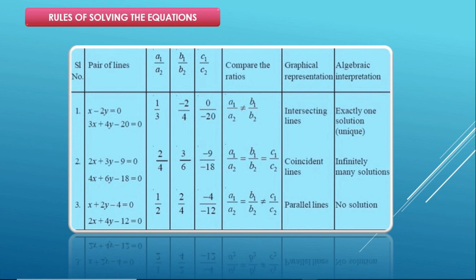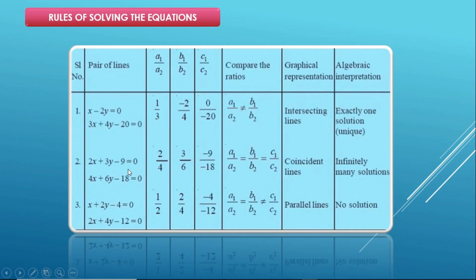Here we can clearly see that the ratio a1 by a2 is not equal to b1 by b2. If this occurs, then those two equations in the graphical representation show intersecting lines. Intersecting lines have exactly one solution, called a unique solution. So this is the first case.